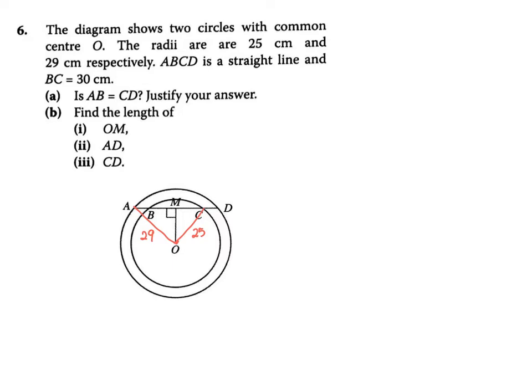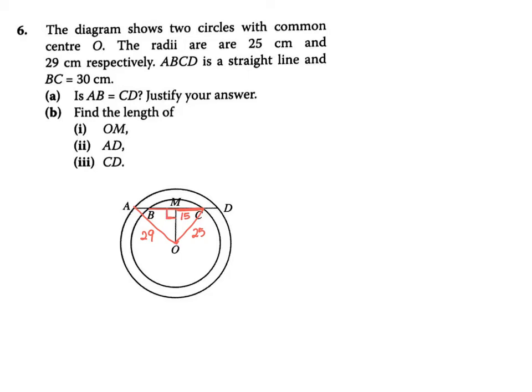Question tells me that BC is 30 cm. Notice we have a 90-degree down here. That means OM bisects BC, from 30 cm cut into two equal halves, so MC will now be 15 cm.